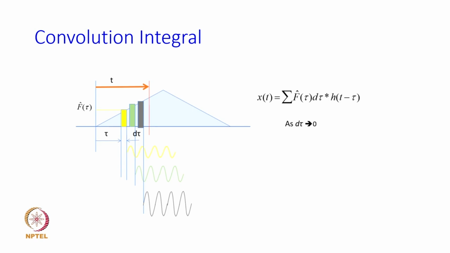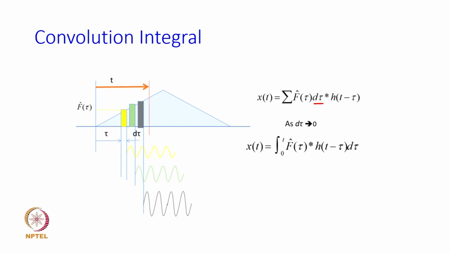Now, as this d tau approaches 0, we know that this summation will change to an integral, is it not. We can discretize these individual impulses and add each of these responses as a summation series, but if d tau approaches 0, we can as well write this summation as an integral, and then this becomes f cap tau h(t minus tau) d tau.